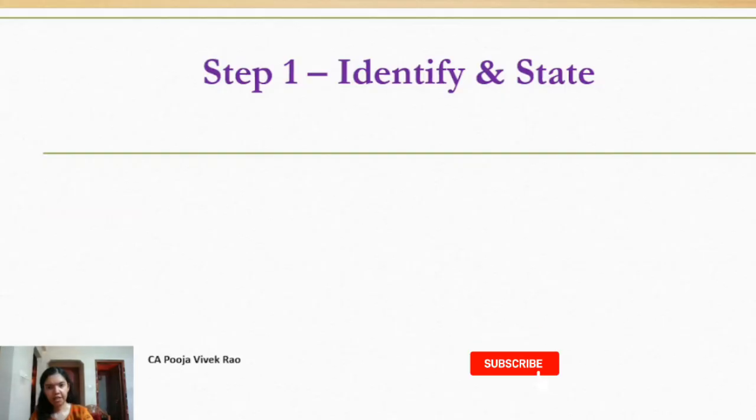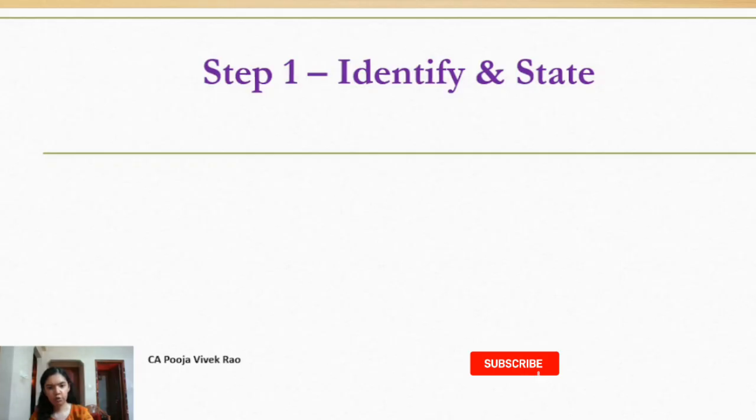So step number 1 here is to identify and state the accounting standard. That is, identify the issue and the relevant accounting standard and mention its number and name. So let's see in this case how to state this.